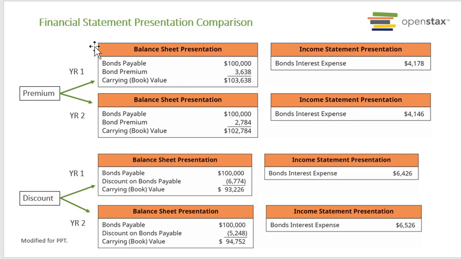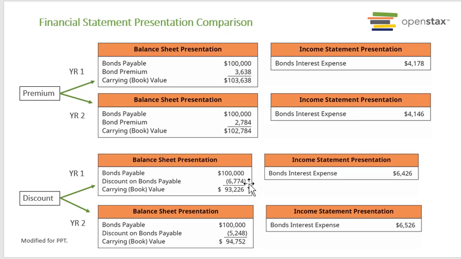So this is nice because it goes through and looks like my cheat sheet, although I think my cheat sheet is a little more basic in what it lays out. But you have the balance sheet presentation in year 1 and year 2, and the income statement in year 1 and year 2. So you see what the bonds payable is versus the premium, which you see is going down because you're trying to work it down to 100,000.